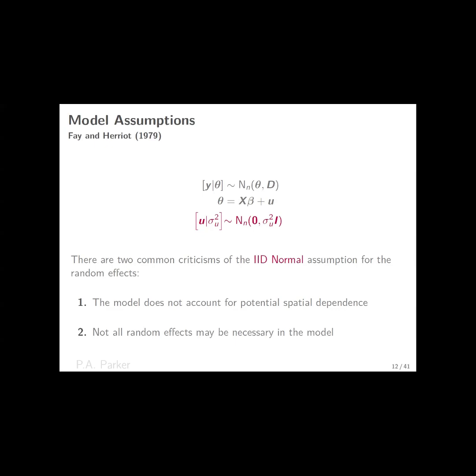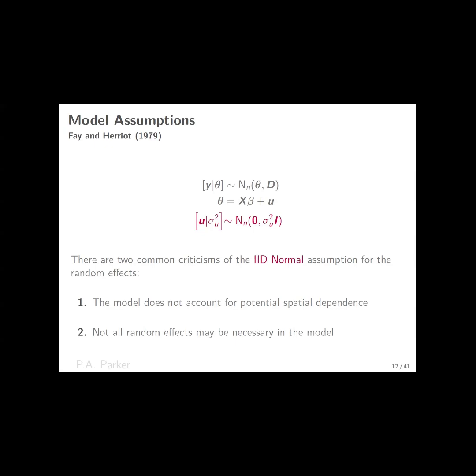But there's two kind of criticisms of this that I want to talk about here. And so the first is that the model doesn't account for any spatial dependence. So if you just took some direct estimates for something you were interested in, like poverty rate, and you made a map, you plotted them, you'd probably see there's some spatial structure there. And so we might want to account for that spatial structure in our model. We might want to make this random effect spatially dependent. So that's one criticism.